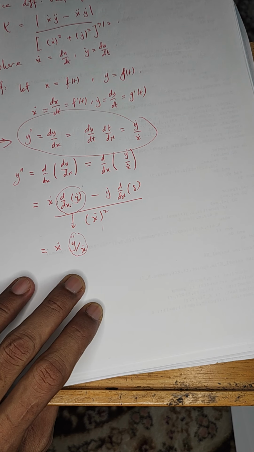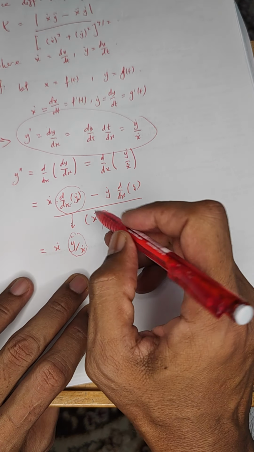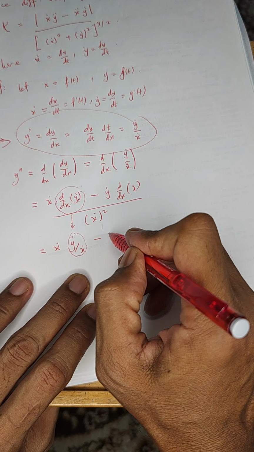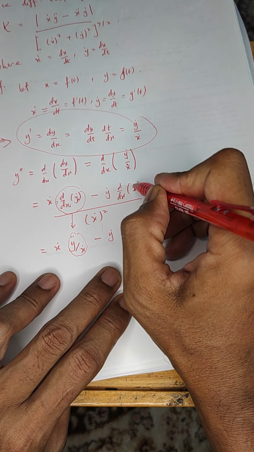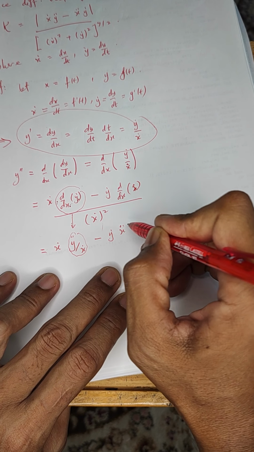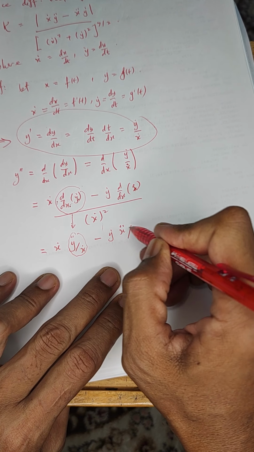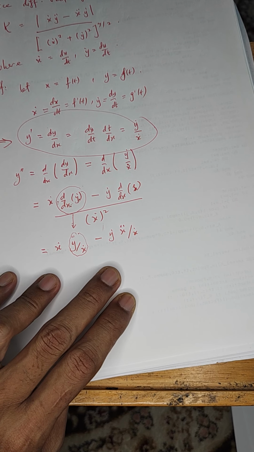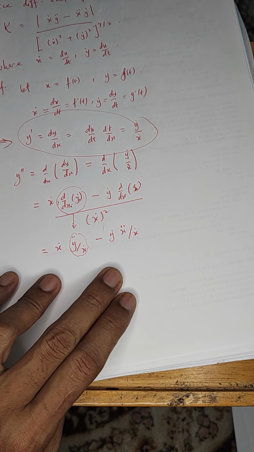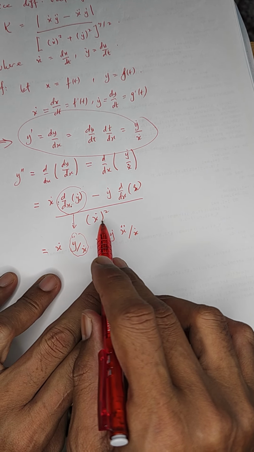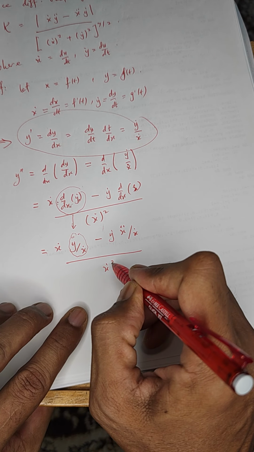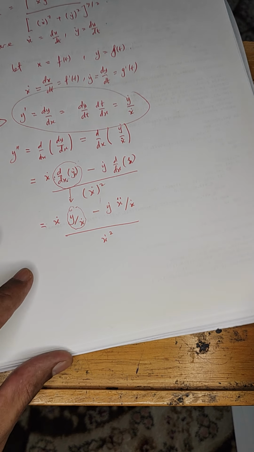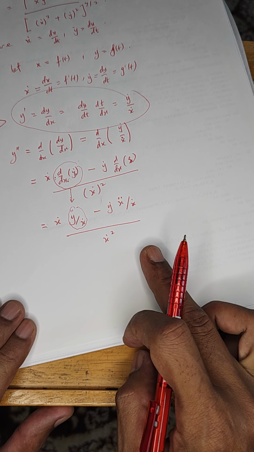Then minus y dot times x double dot over x dot. And here we have x dot squared, and then you can simplify this.